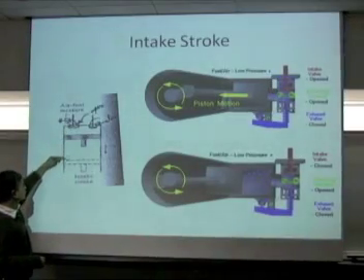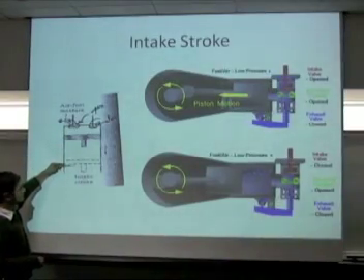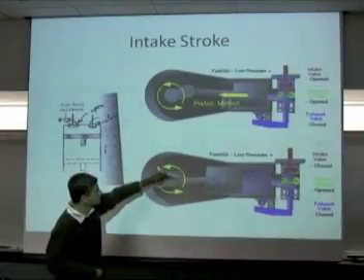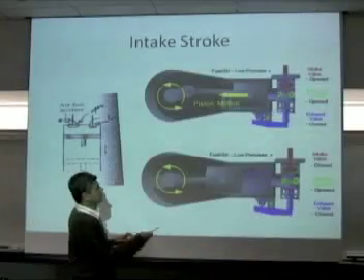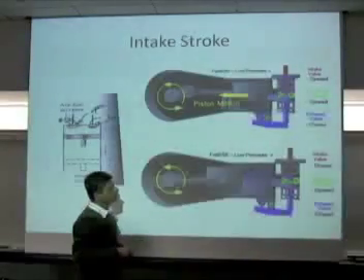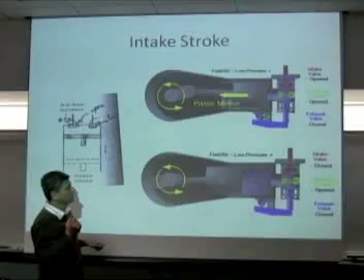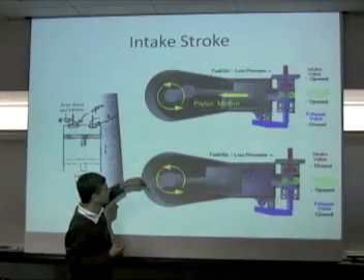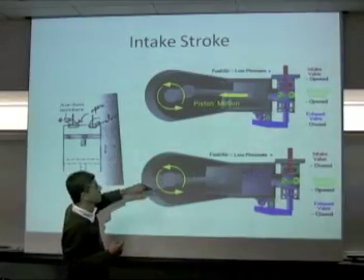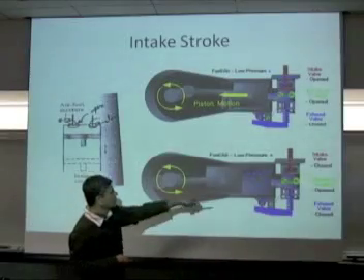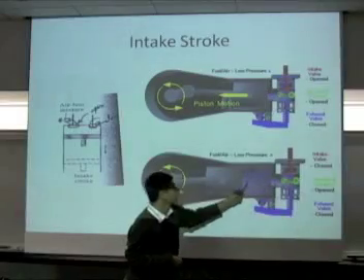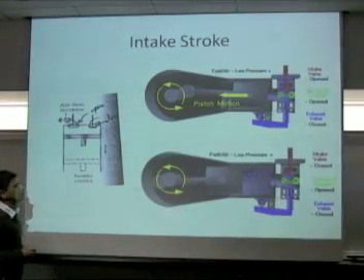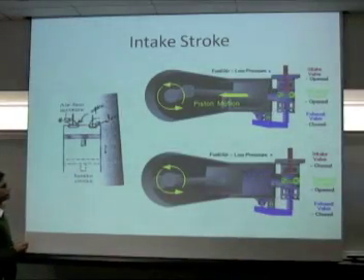The air comes in and pushes the piston all the way down to the bottom dead center, and during that process the crankshaft rotates. It's just a quarter of the rotation of a full cycle for the crankshaft. At this point, the exhaust valve is completely closed and the intake valve is fully open, and you can see the fuel-air mixture coming in.